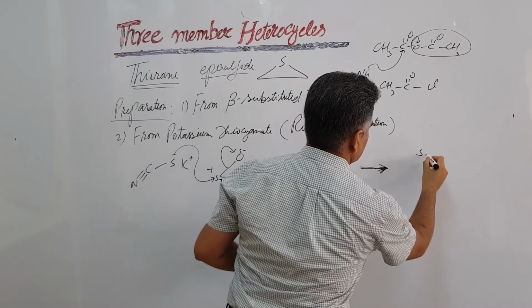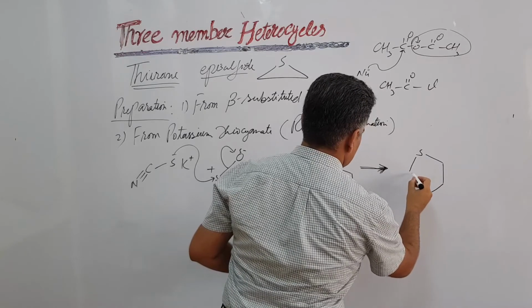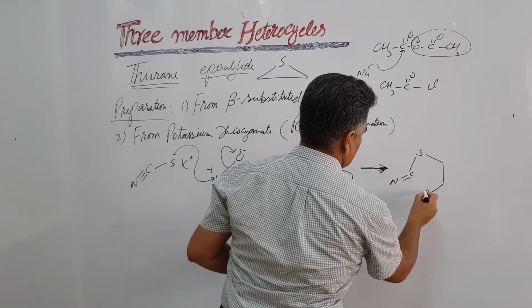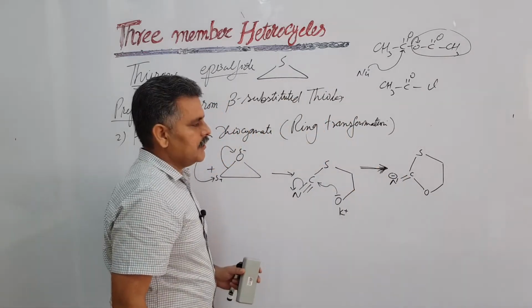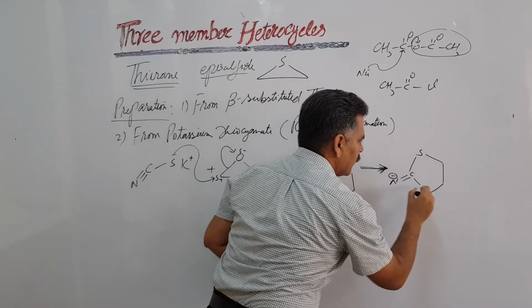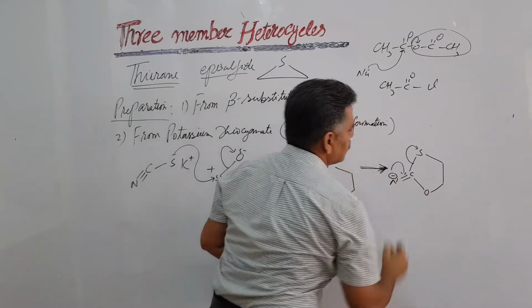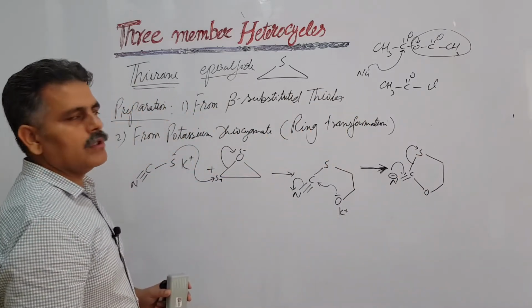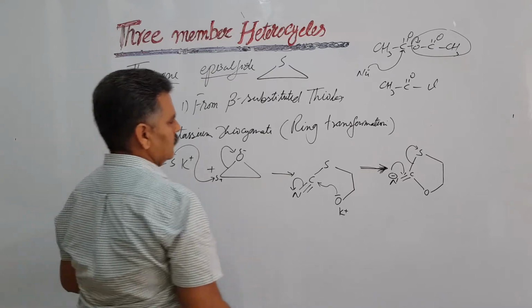We have S, O and then carbon double bond nitrogen. Here we have negative charge. It then results in the formation of a 5-membered ring which cleaves again, and now negative charge is produced at sulfur.